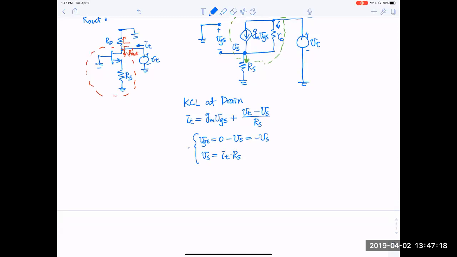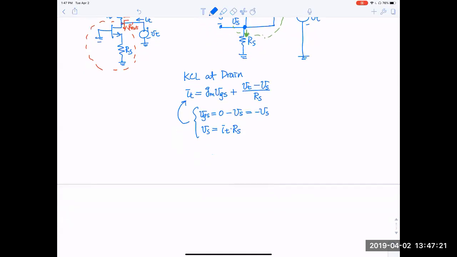So substituting these two into the KCL equation, and we will have IT equal to GM minus VS. So I'll put a minus sign here. VS is IT times RS, all right? And plus VT divided by RS and minus VS, okay, minus IT times RS.